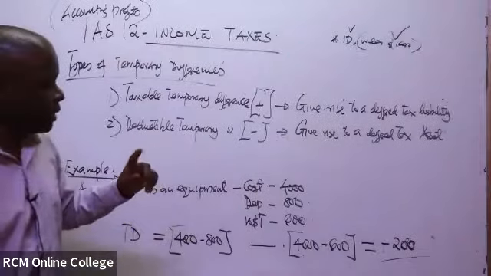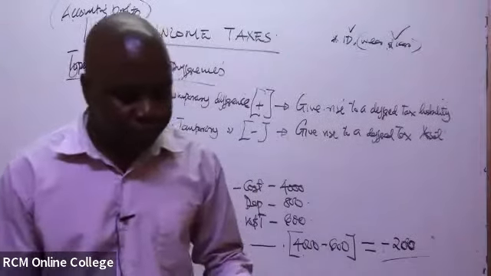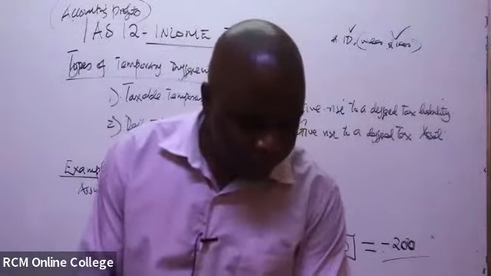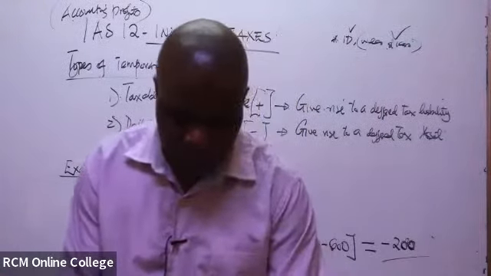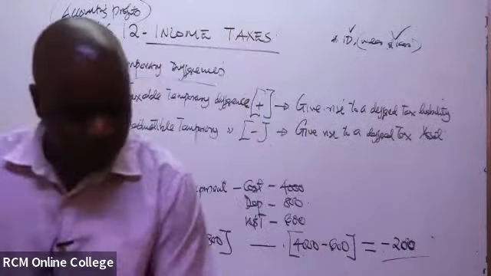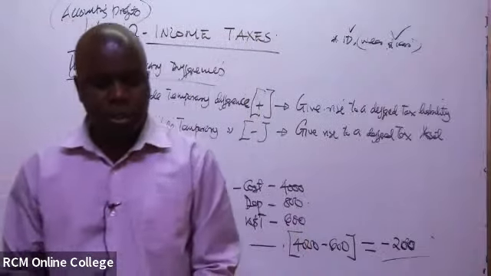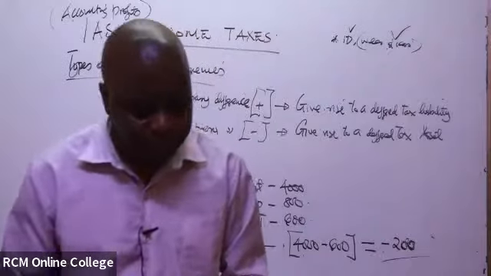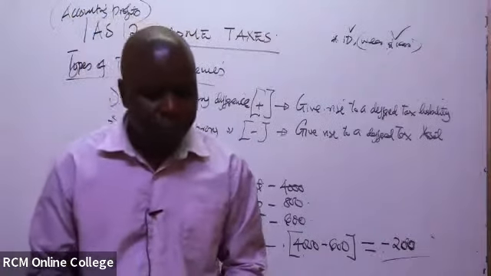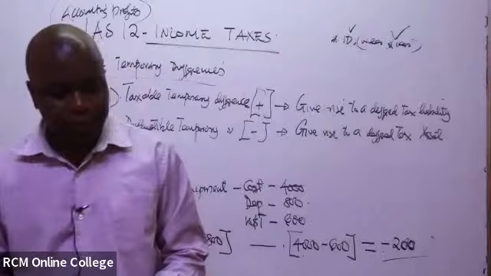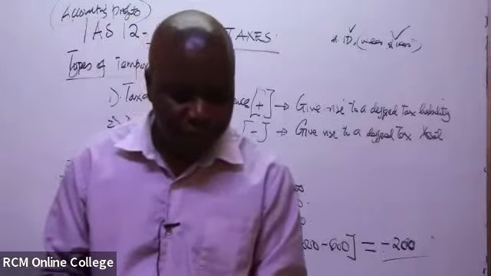So I want us to look at part B, which says Equip Agencies Limited purchased equipment for 4 million on 1st of July 2008. Depreciation on equipment is provided on a straight line basis at the rate of 25% per annum.